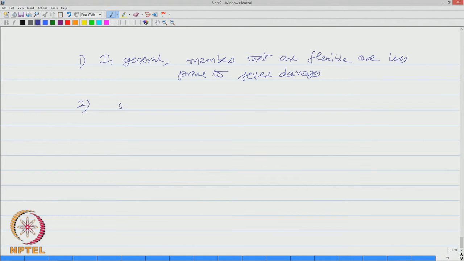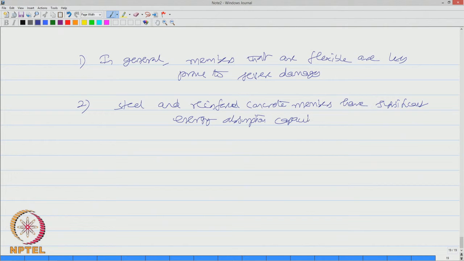The second advantage is steel and reinforced concrete members have significant energy absorption capacity, that is they have a lot of strain energy stored in the material because of their ductility.